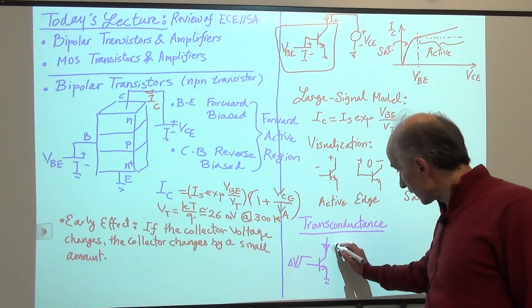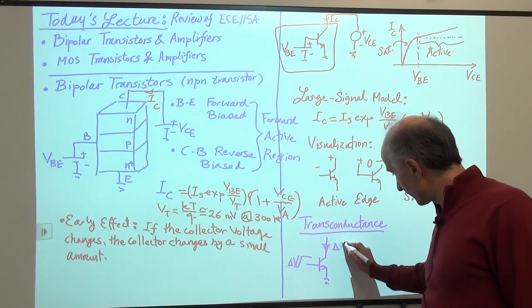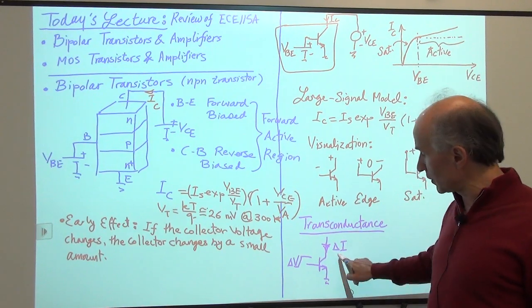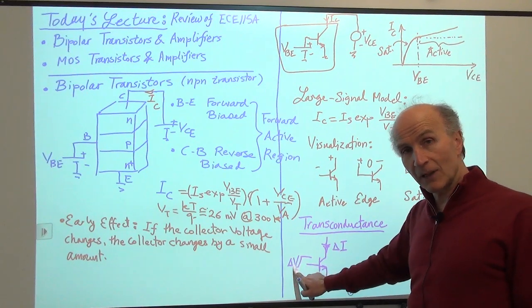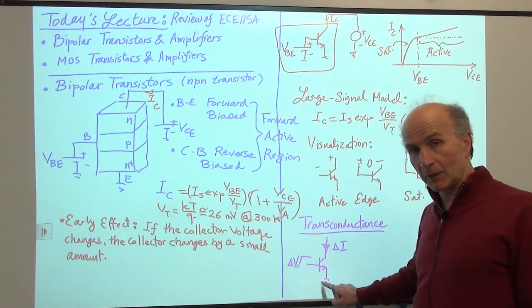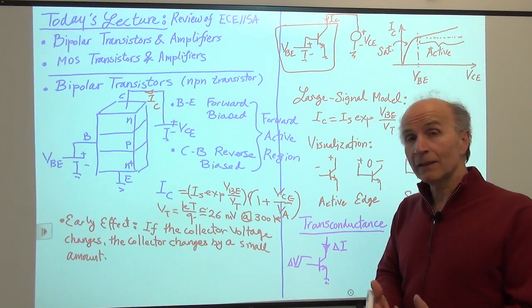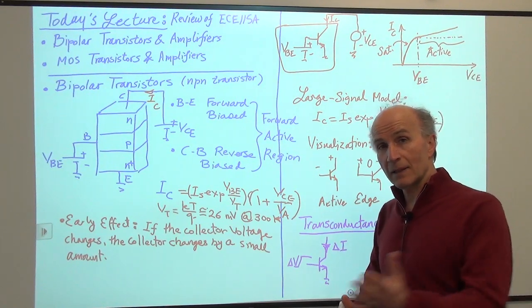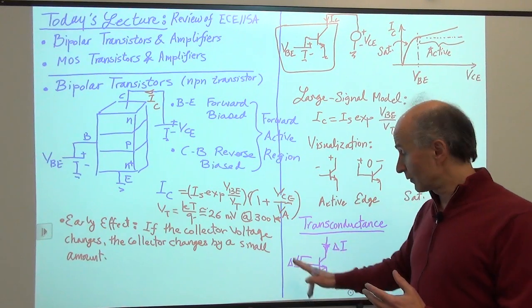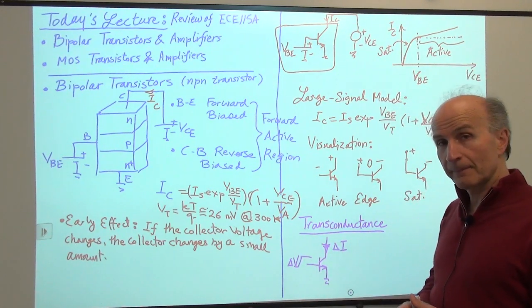So then I would like to see how much collector current change I get for a given change in the base emitter voltage. And this is just representing the reality in which the signals are coming into the circuit and creating these changes.